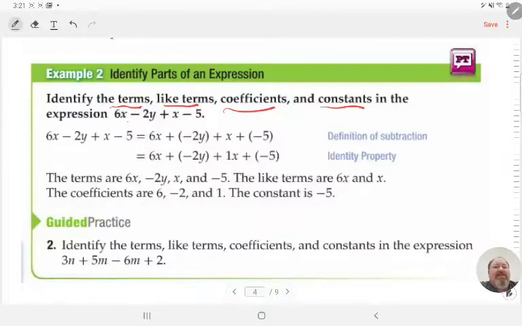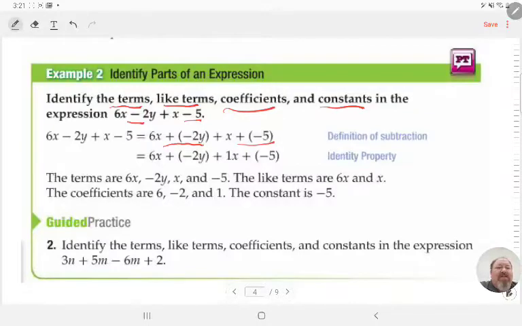Where this says minus 2y and minus 5, I could change that to plus a negative 2y and plus a negative 5. Basically, the sign or the operation in front of the term goes with the term. So that minus 2y is really a negative 2y. That minus 5 is really a negative 5.